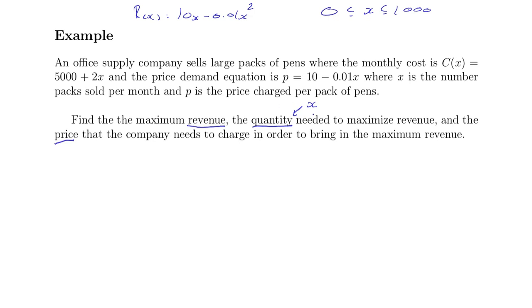We'll realistically find the x value first, and then we can go ahead and interpret our answer using the right context. So what this question is really asking us to do is find the absolute max of R of X.